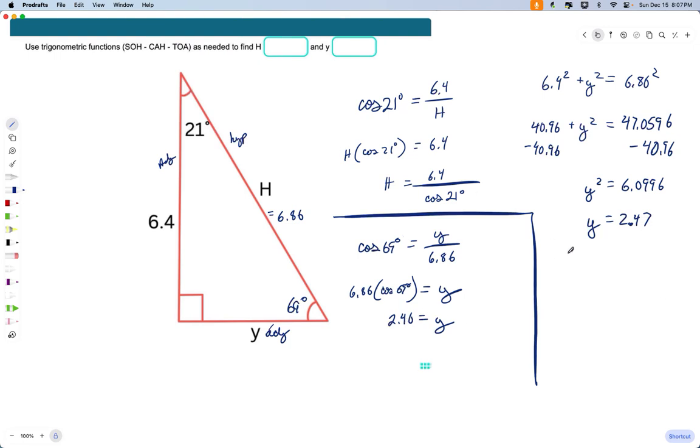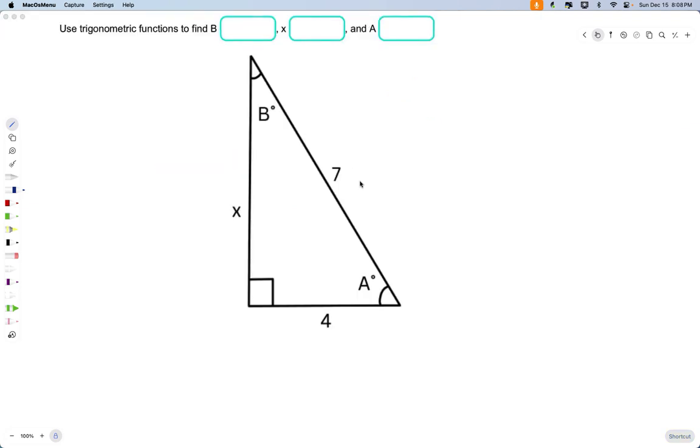We're going to find b, we're going to find a, and we're going to find x. I feel like that we could find x really easy. So let's just use Pythagoras theorem. X squared plus 4 squared equals 7 squared. X squared plus 16 is equal to 49. X squared is equal to 33.